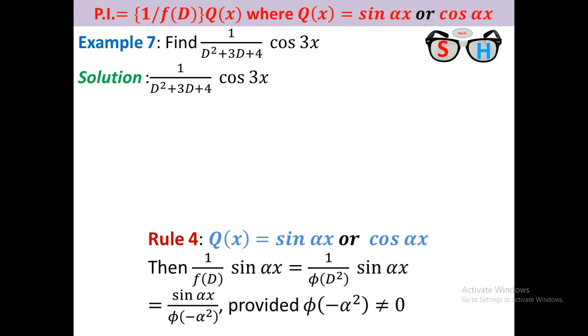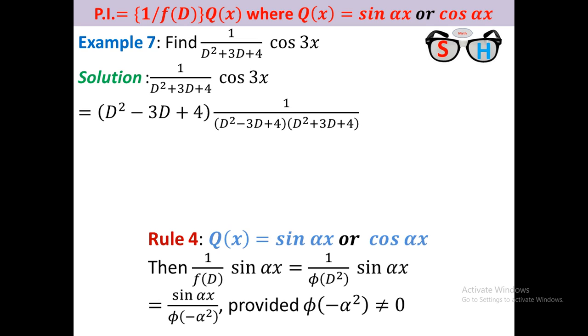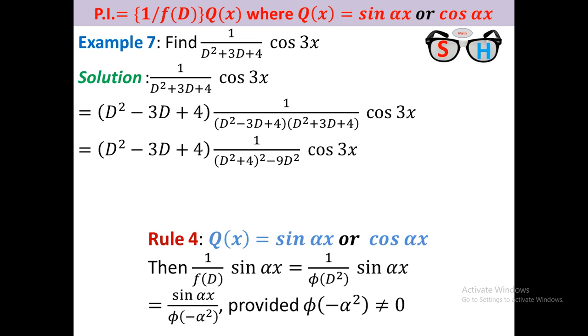So you change the coefficient of d, taking the factor d square minus 3d plus 4, and multiply it in the numerator as well as the denominator. Then in the denominator the result will be d square plus 4 plus 3d and d square plus 4 minus 3d, that is, a plus b into a minus b form. Therefore this will be a square minus b square, that is, d square plus 4 whole square minus 9d square, of cos of 3x.